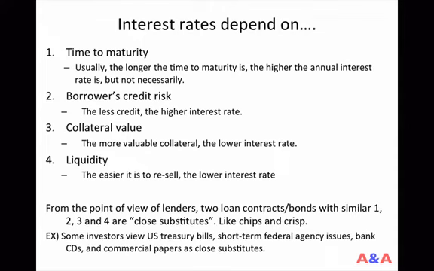From the point of view of lenders or investors, two loan contracts or bonds with similar 1, 2, 3, and 4 are close substitutes, like chips and crisp. For example, some investors view US Treasury bills, short-term federal agency issued bank certificate of deposits, and commercial papers issued by very famous large companies as close substitutes, because they are all relatively short-term bonds issued by safe institutions.